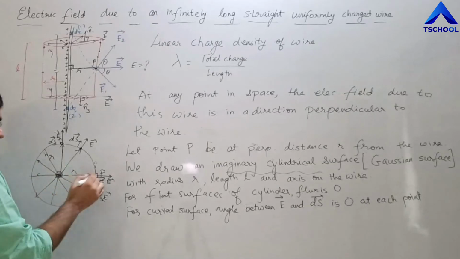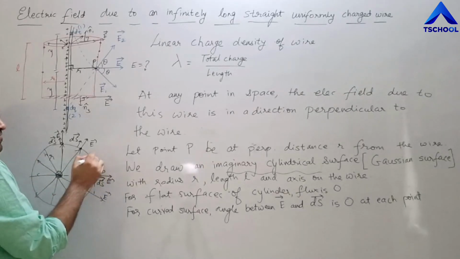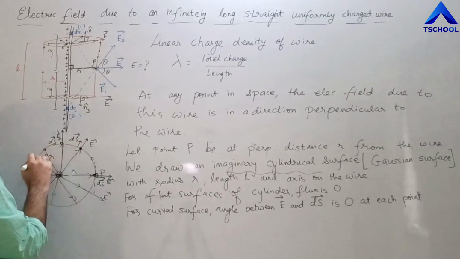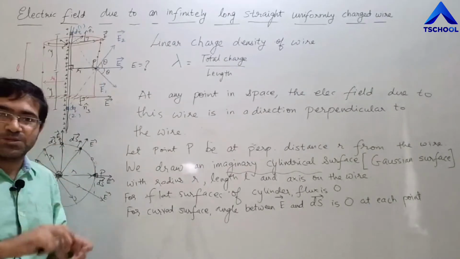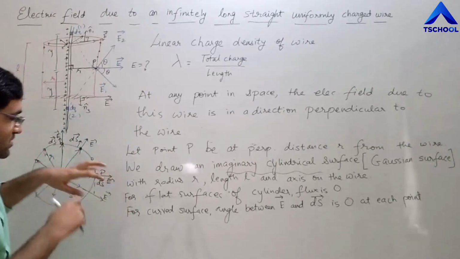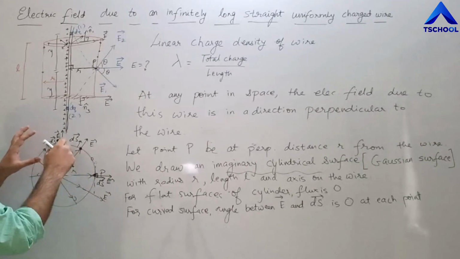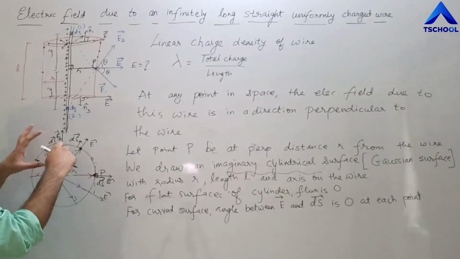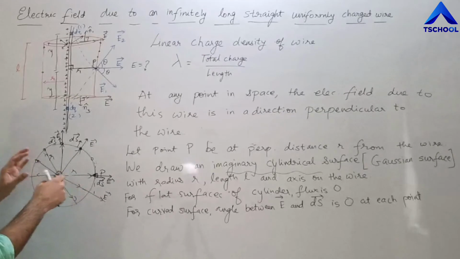Not only that, like I said earlier, the magnitude of the electric field here or here or here or here is going to be the same, magnitude, not direction. That happens because the figure here is so symmetrical, right?